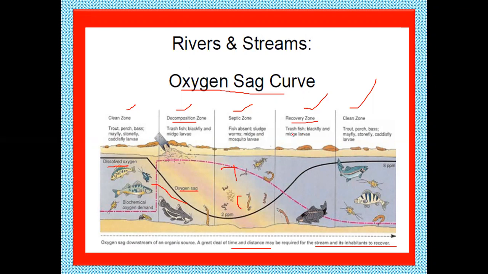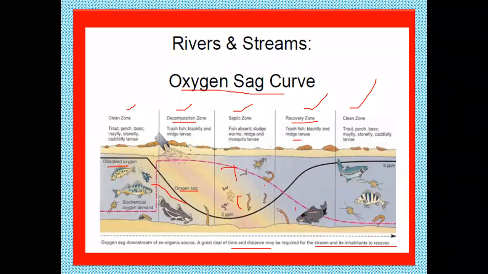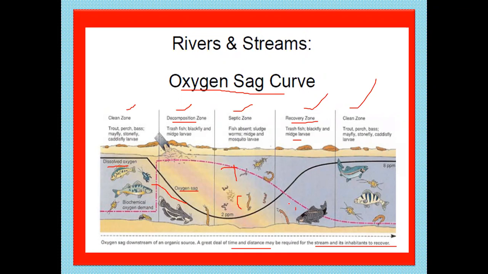Again, trash fish, blackfly, and midge larvae. Slowly, as the curve keeps increasing and the dissolved oxygen increases, the microorganisms and other worms are reducing, thereby the fishes are increasing. Next, clear zone. It again comes to the same stage, and again we form a settlement, thereby the fishes are breathing with good oxygen levels. So this is simply the oxygen sag curve.